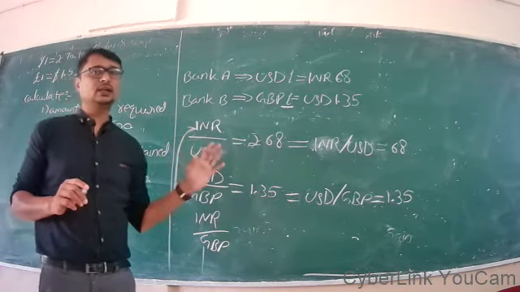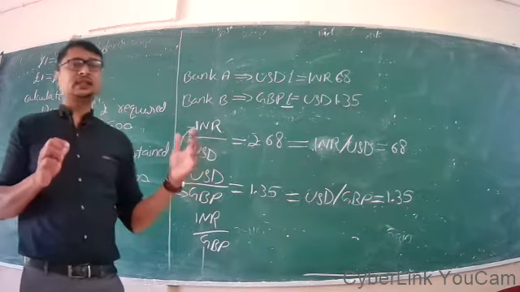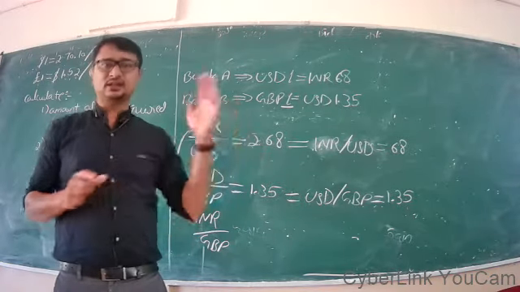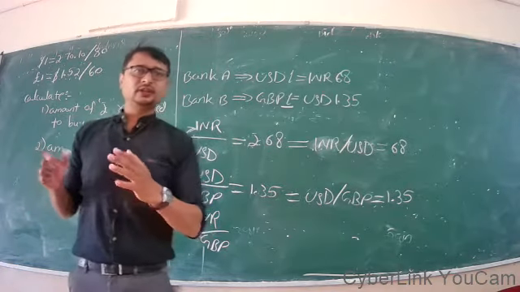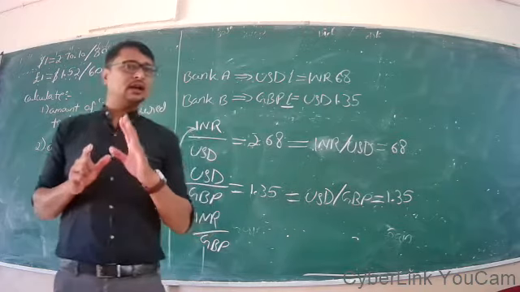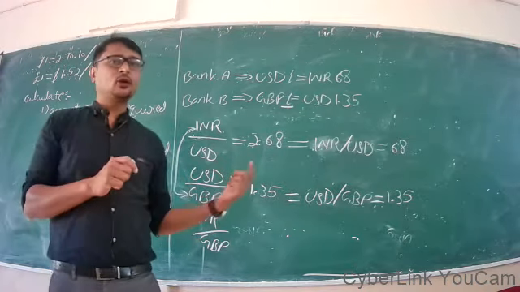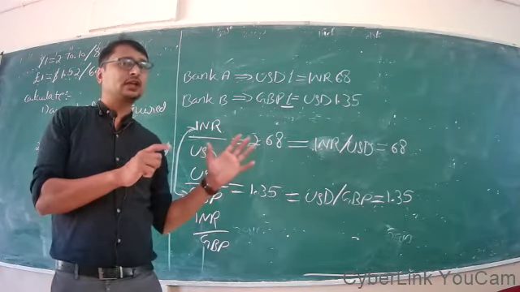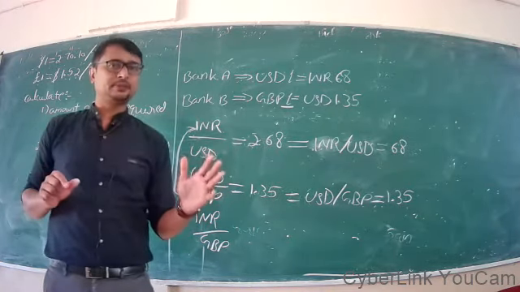Now we need to establish, see, the situation is like this. One bank offers dollar against rupee, another bank offers Great Britain pound against dollar. Now I have rupee with me, but no banks or financial institutions are offering directly the quotation between rupee and GBP. Fine.